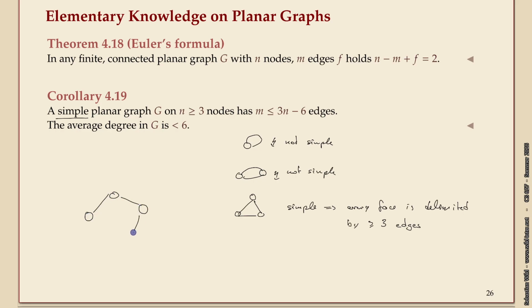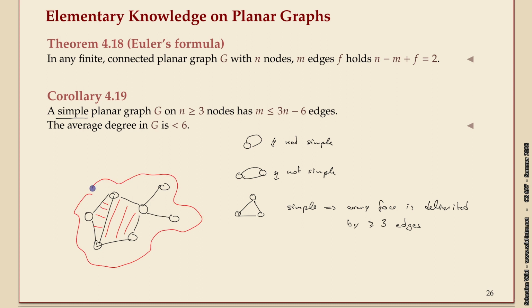Let me again do this mostly by example. I have 3 faces, this one, and the outer face. I must have 3 edges for each of these, but I'm double counting each edge exactly twice. Right?